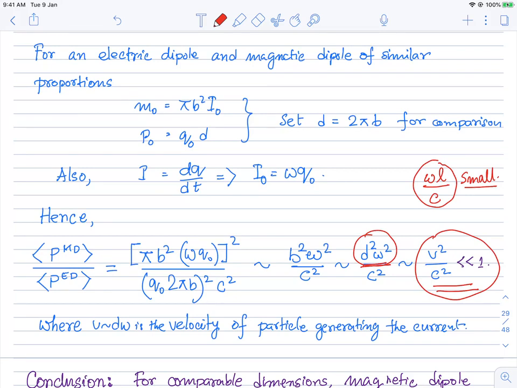But where you have comparable dimensions of the dipole moments, because of the smallness of this quantity, the magnetic dipole radiation is suppressed compared to the electric dipole radiation. And that is seen mostly in usual circumstances.